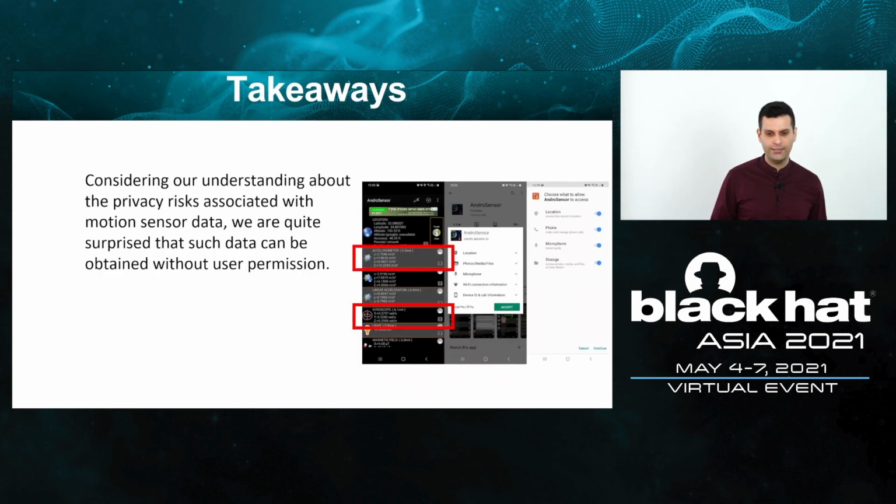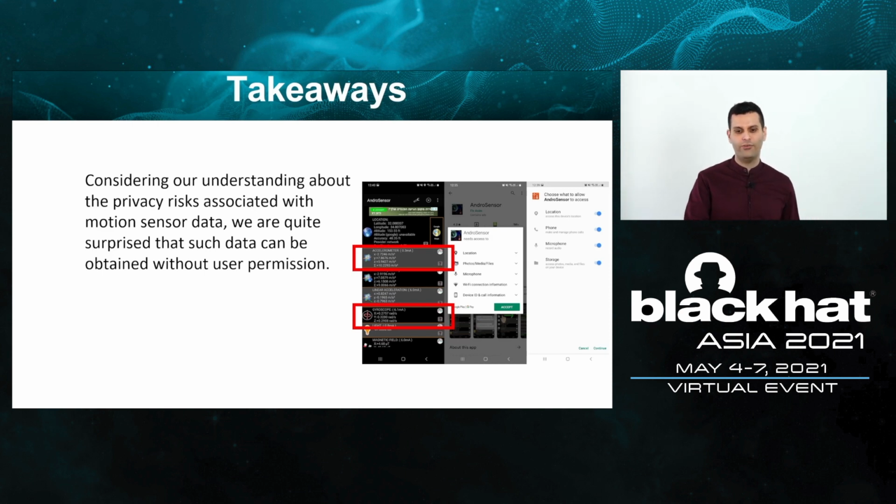Now, another interesting takeaway concerns our understanding of the privacy risks associated with motion sensor data. We are quite surprised that such data can be obtained without any user permission. These are three snapshots taken from my smartphone. You can see one good application that I usually use, called AndroSensor.